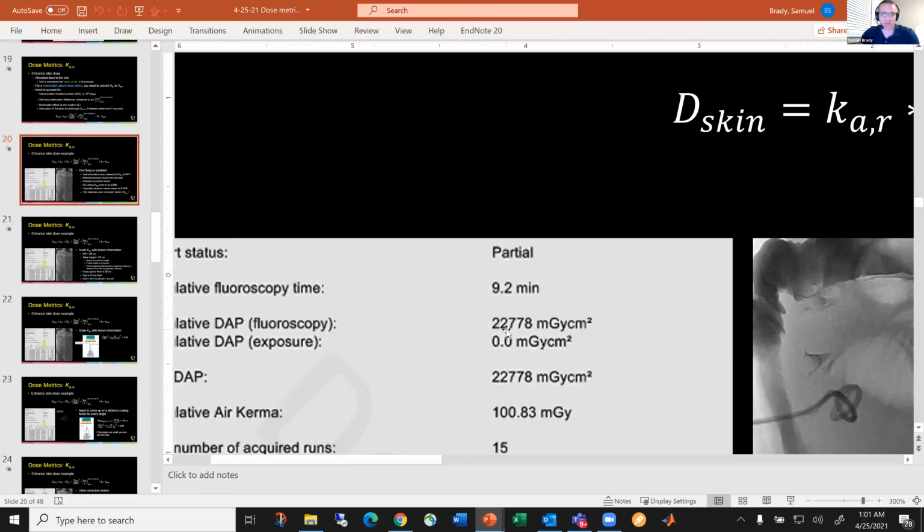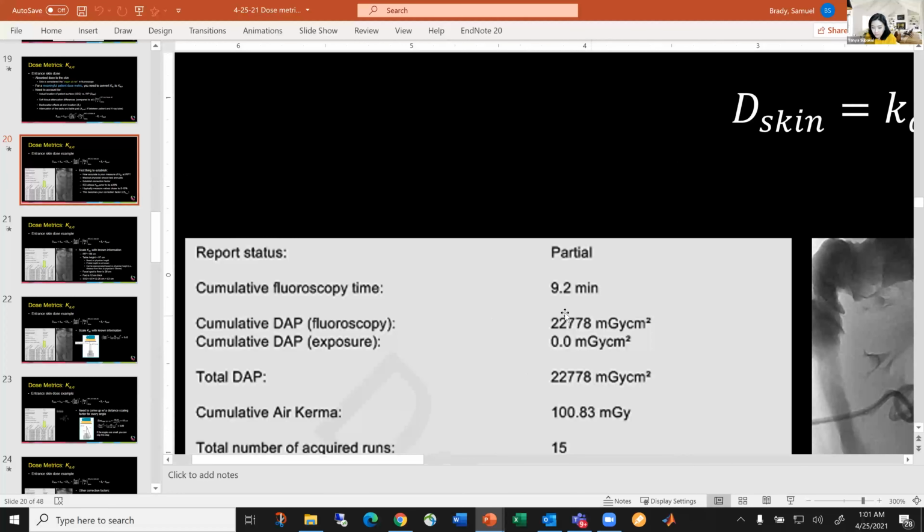Can you see my screen? Is it still presenting? Yes, we can see your screen. So you can see here my cumulative KAP or DAP, in milligray centimeter squared, is 22,000. If you move the decimal over 3 for gray, that would be 22.7 gray centimeter squared.